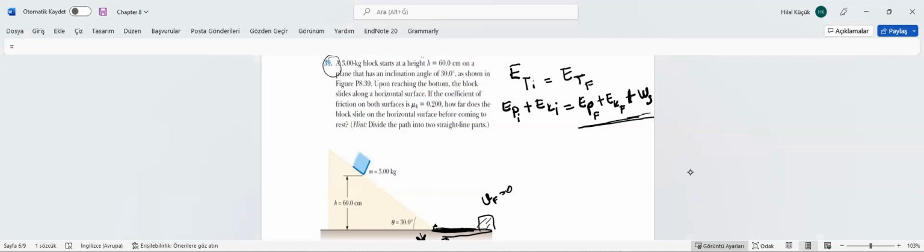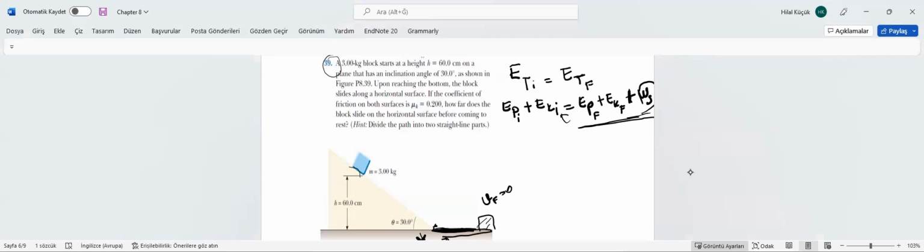If you use a minus sign, you can use the first part. Why am I putting this one on the final side? Because at the first point, it is at rest.